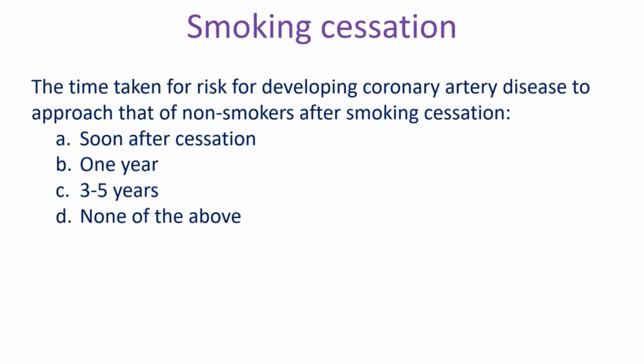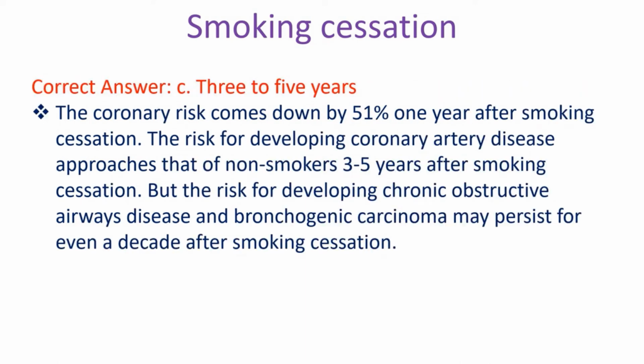The time taken for risk of developing coronary artery disease to approach that of non-smokers after smoking cessation: A. Soon after cessation, B. 1 year, C. 3 to 5 years, D. None of the above. Correct answer: C. 3 to 5 years.